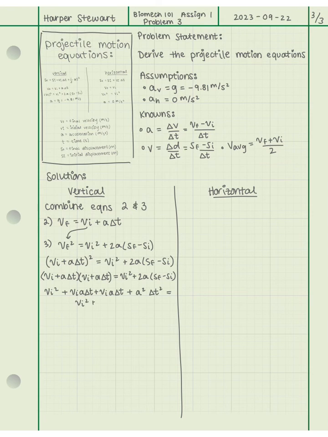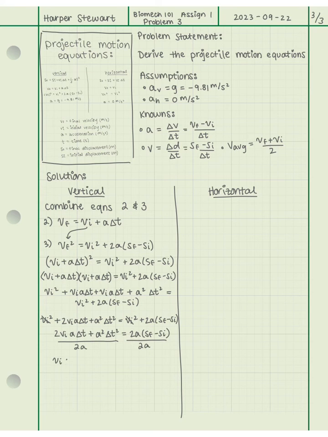From there, we're able to cancel some information that we have on both sides of our equation. You can see that velocity initial squared is on both sides, so we cancel that out. Then we divide by 2 times acceleration, and we're left with this equation on the bottom.